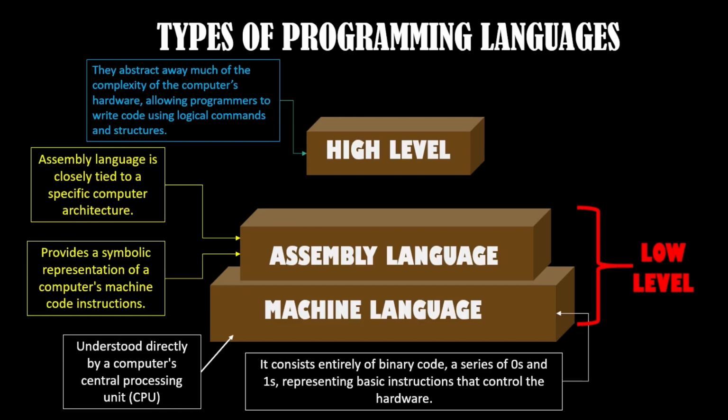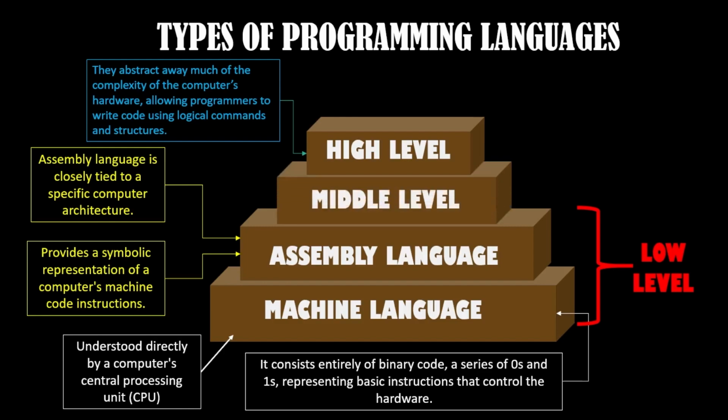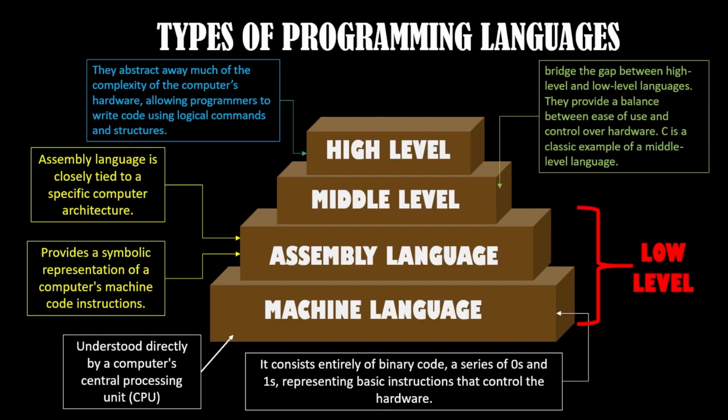And also, there's a type of language called middle-level languages too. These middle-level languages bridge the gap between high-level and low-level languages. They provide a balance between ease of use and control over hardware. C is a classic example of a middle-level language.